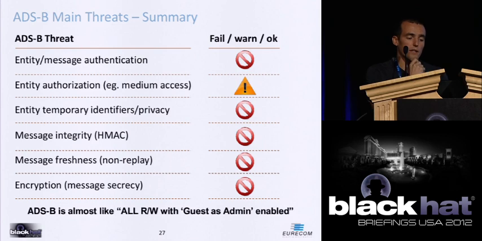Entity temporary identifier, or privacy. To make a parallel with GSM, because IMSI is a very important thing, they came up with TIMSI, if you are familiar with it. TIMSI is a temporary identifier for your SIM card. However, in ADSB, there is no temporary identifier. So basically, all the addresses are in clear text, and they are globally unique.